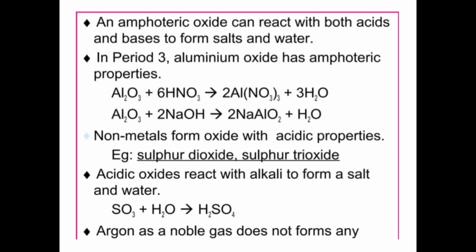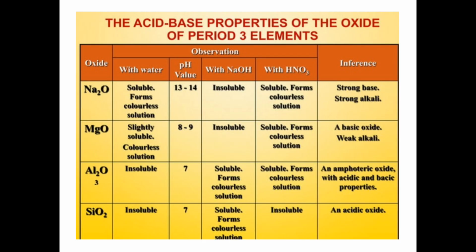An example is aluminum oxide, which is amphoteric. It will react with acid to form salt. It will also react with base to form salt and water respectively. The non-metals will form oxides with acidic properties. For instance, SO3 can react with H2O to form H2SO4. Like we have said, argon as a noble gas does not form any of these.